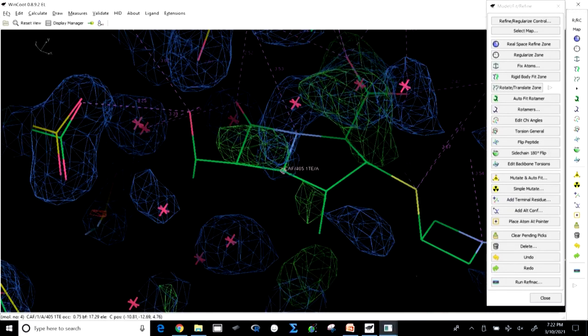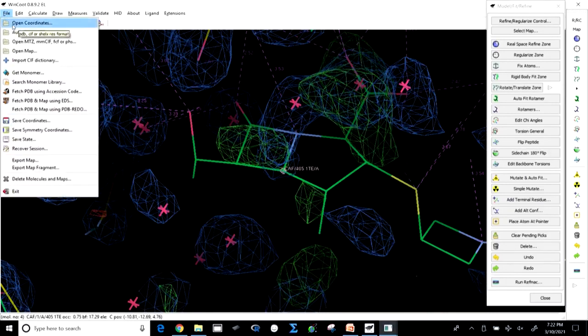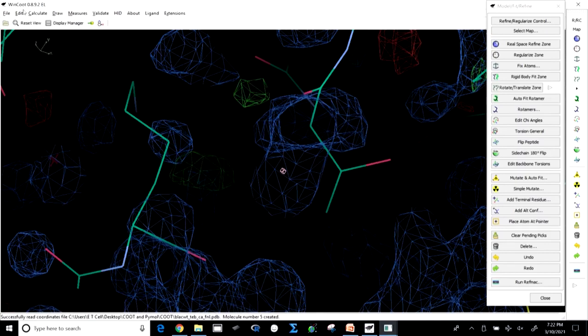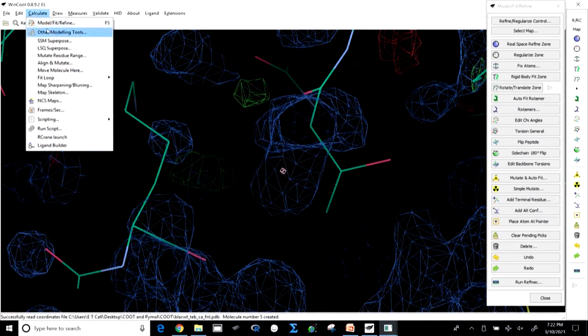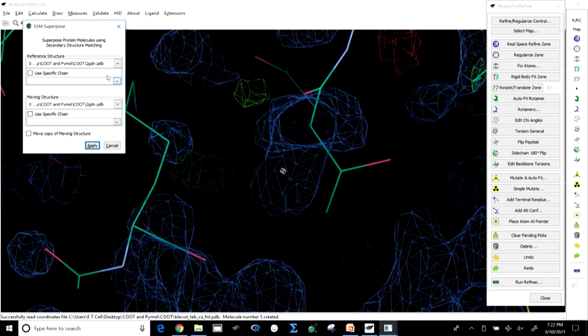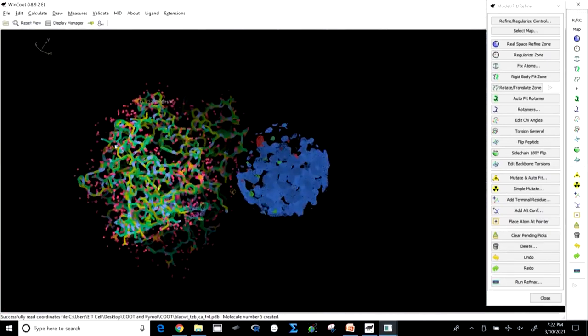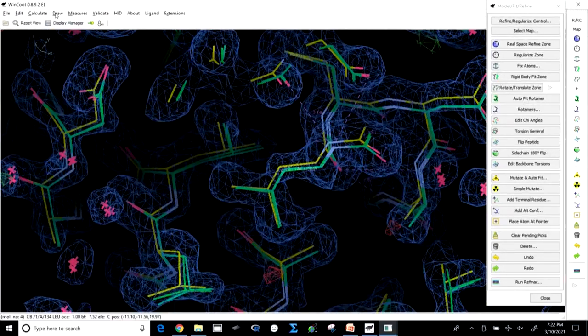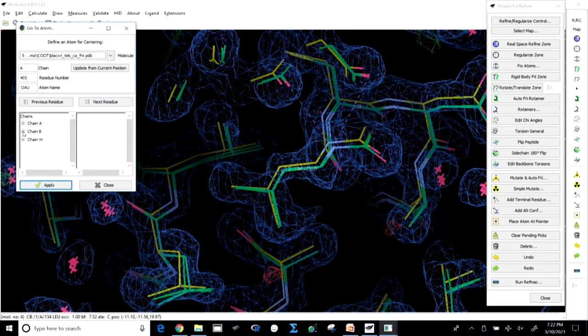Now, if I again introduce the another one, the TEB CA, and I do the SSM superpose, so that everyone is now in the similar position, and we go again to the ligand.